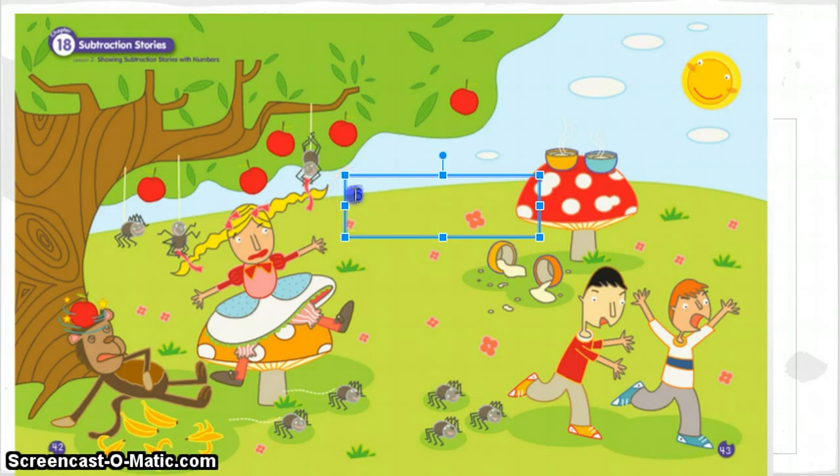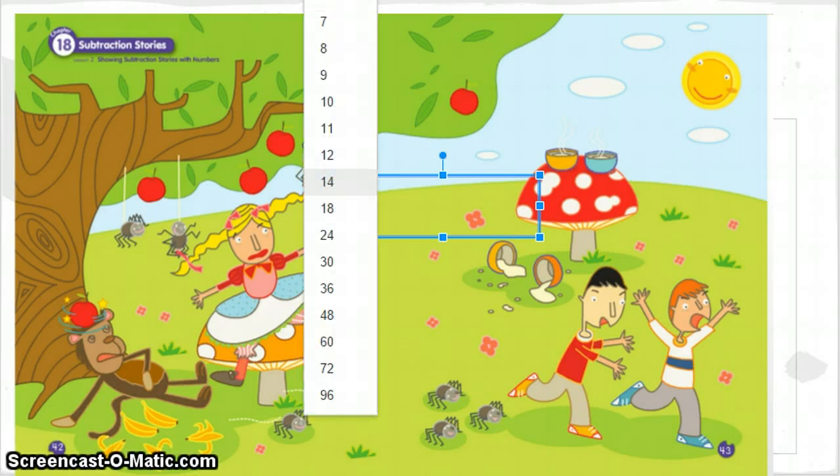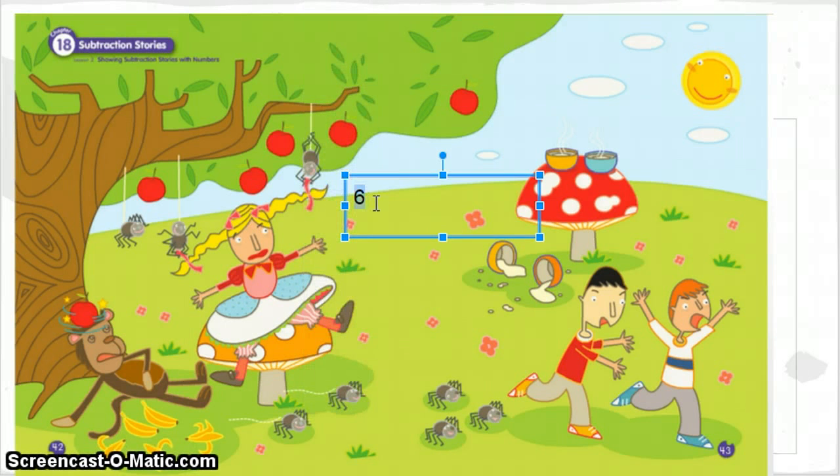Let me make this just a little bit larger here. So I'm going to start with my large number 6. And I know I'm working with takeaway, so I use the minus sign, this sign right here that shows takeaway. And then I look at my picture to decide what's happening. Well, I see that there is one apple that is falling.